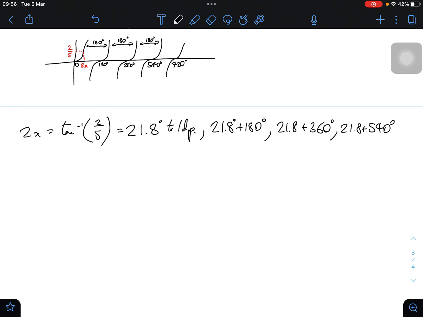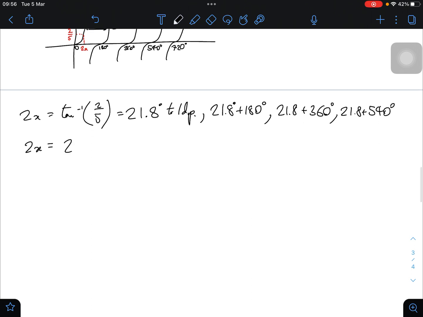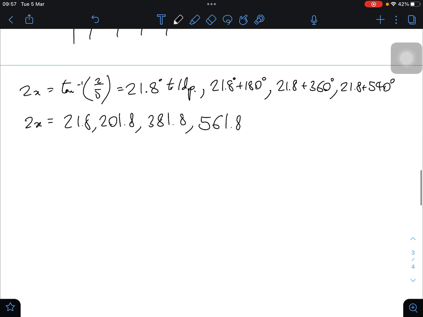So finding the solutions, then we've got 2x equals 21.8, and then also 201.8, and 381.8, and then our final one will be 561.8.